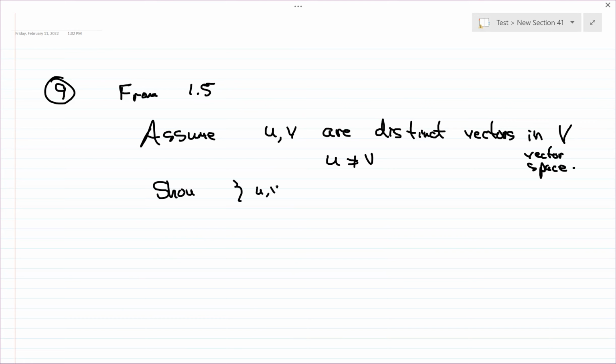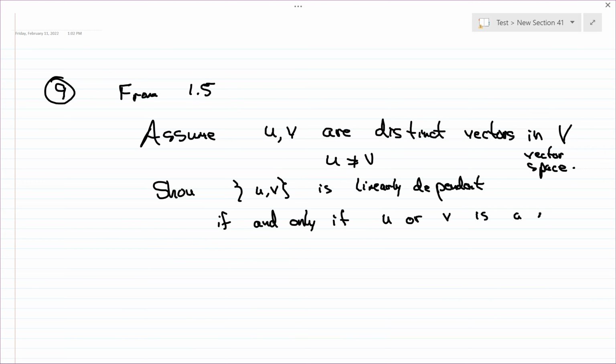Show that the set U, V is linearly dependent if and only if U or V is a multiple of the other.